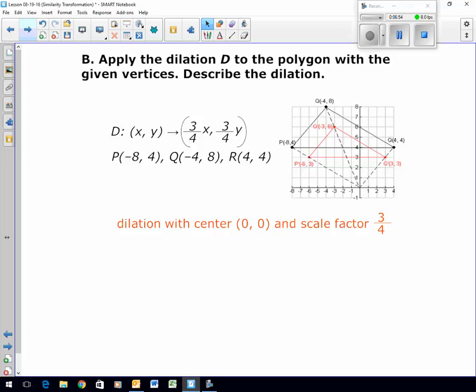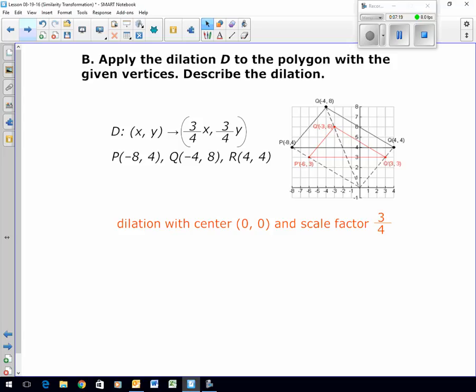I do the same thing here. What is my scale factor here? 3/4. Will 3/4 reduce or enlarge my original pre-image?